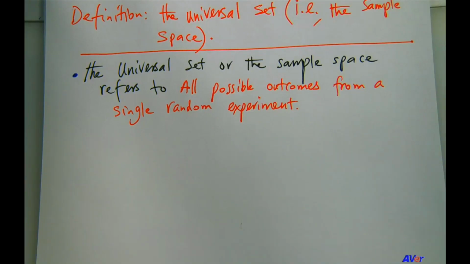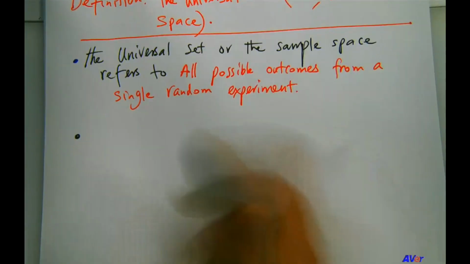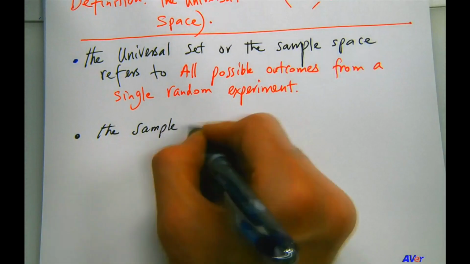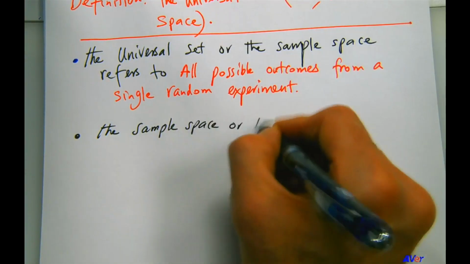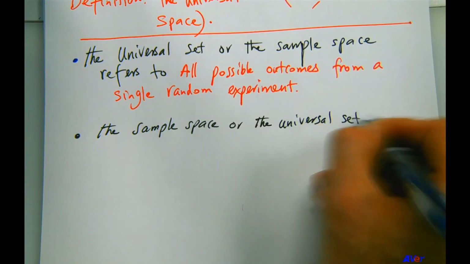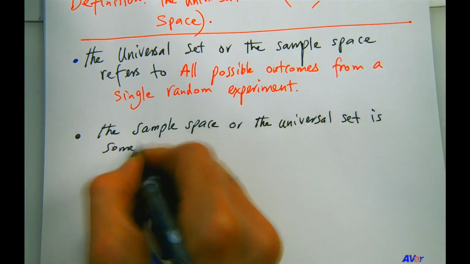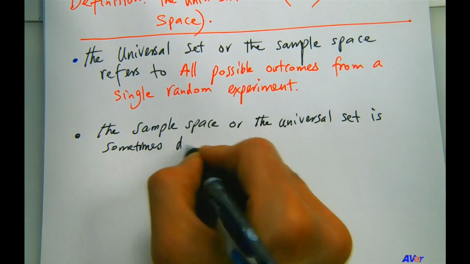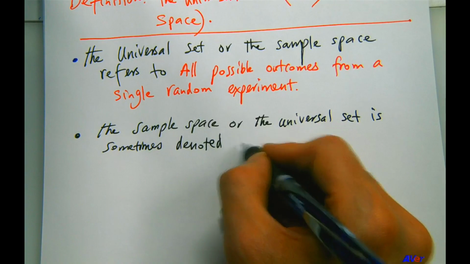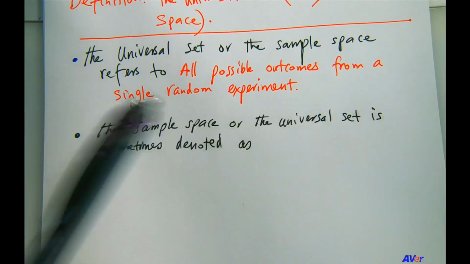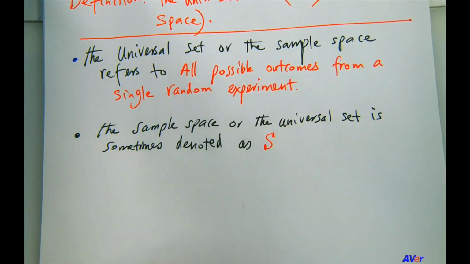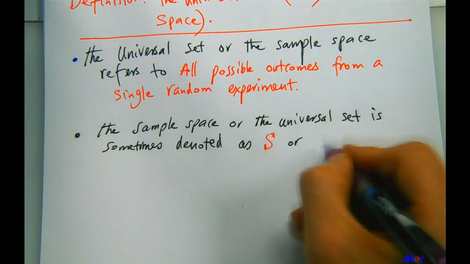So let me write that down. The sample space or the universal set is sometimes denoted as capital S, for sample space, or the Greek letter omega.